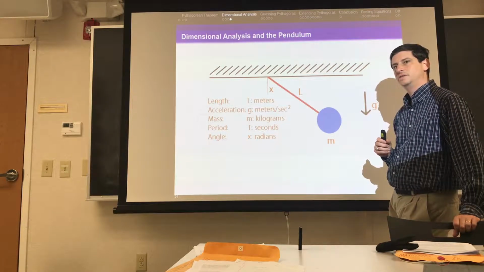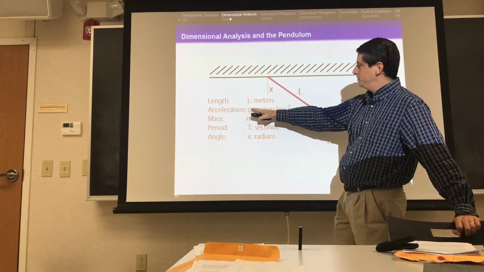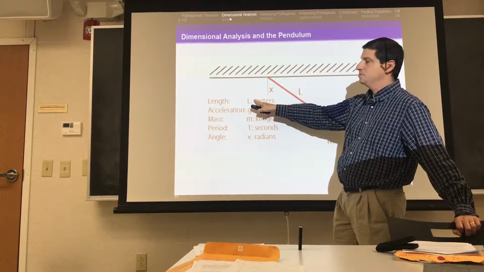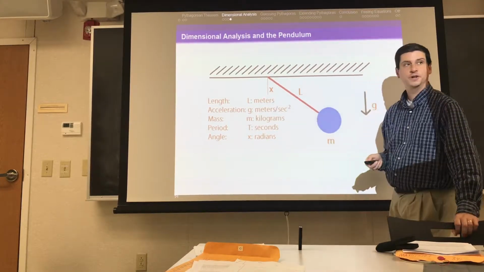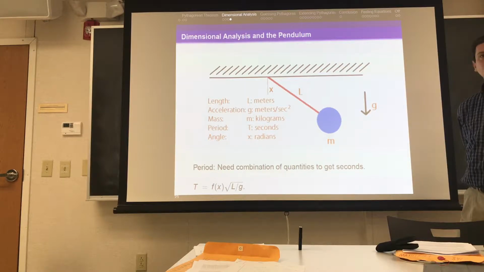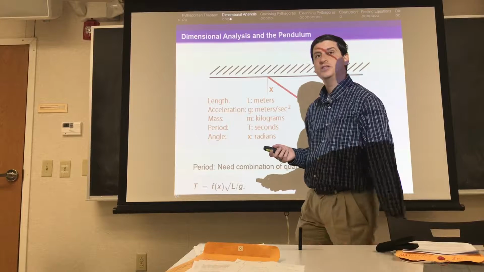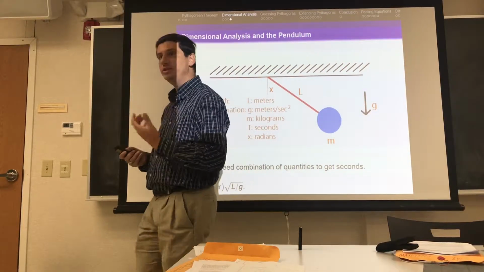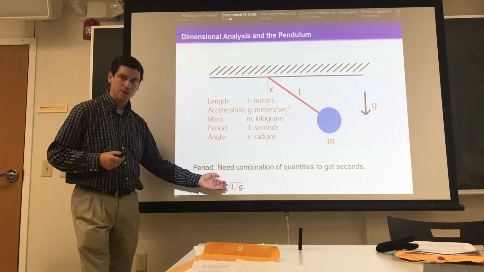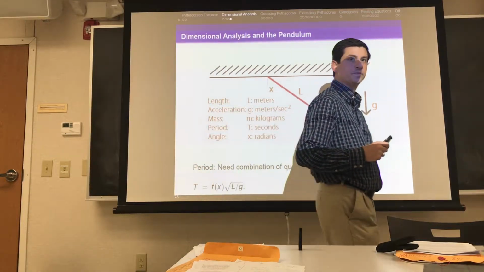And the square root of... Yes, what I would say is, if you take L divided by g, that's going to be seconds squared. So it's the square root of L over g. So we know it has to look like something square root of L over g, some function of x. So if you were to quadruple the length, you would double the period. So before you even go into the lab, you have some idea of what to expect. This is the power of dimensional analysis.